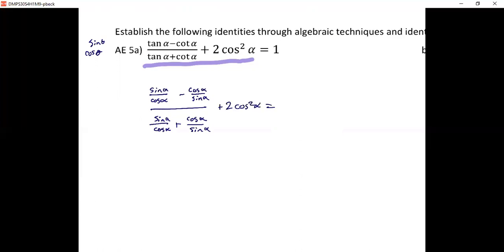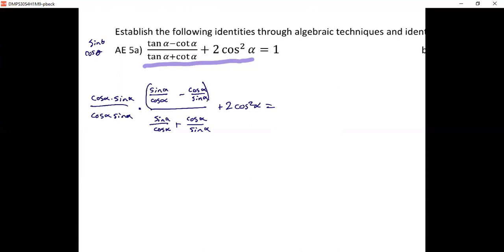All right, I'm not sure if that helped you. It kind of helps me because once again, this brings us into a fraction over a fraction. And I told you with a fraction over a fraction, I like to multiply by the LCD of all of my inner fractions. So cosine of alpha times sine of alpha is the LCD of all my inner fractions.